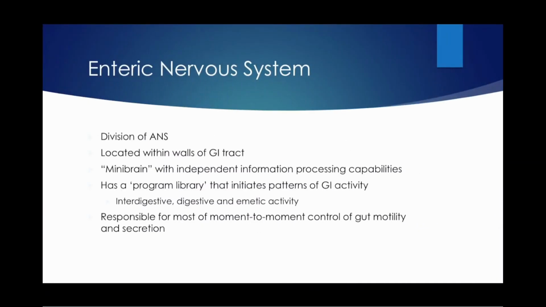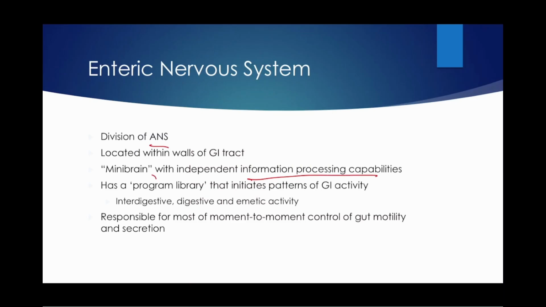Okay, so the enteric nervous system, the gut-brain. How do the brain and the GI system communicate with each other? It is a division of the autonomic nervous system. We did mention this a little bit before: PNS, SNS, and the enteric nervous system. I said wait till chapter 8. Well, we're here now, so we'll discuss it now. Mini brain, independent information processing capabilities.